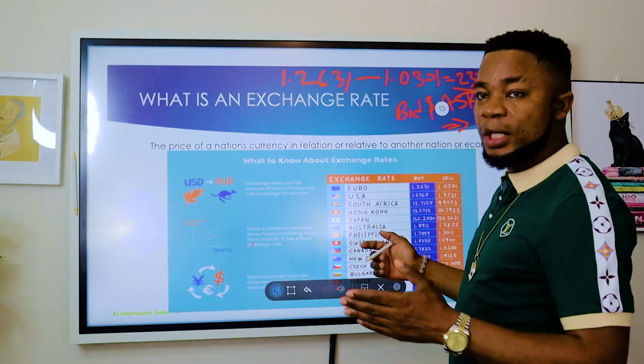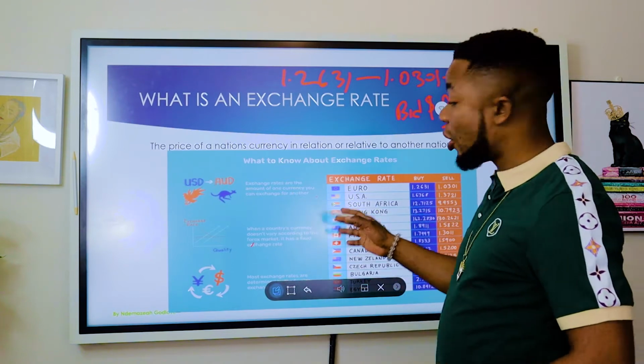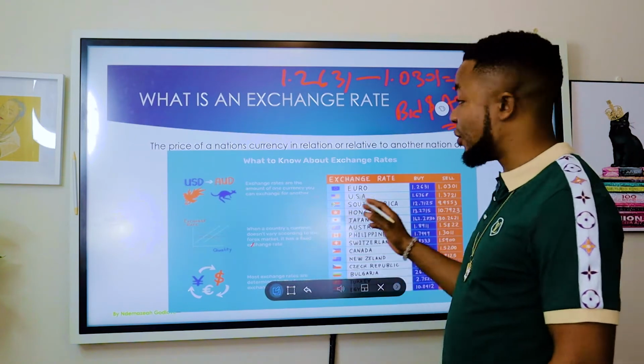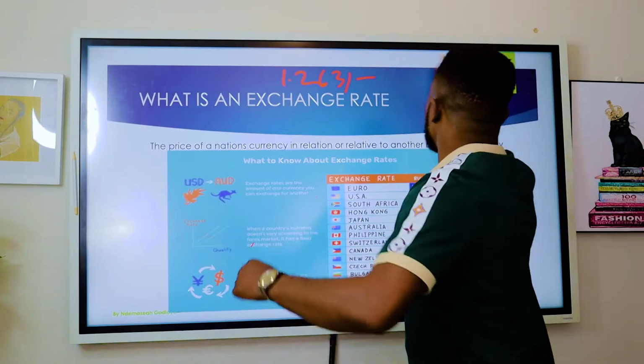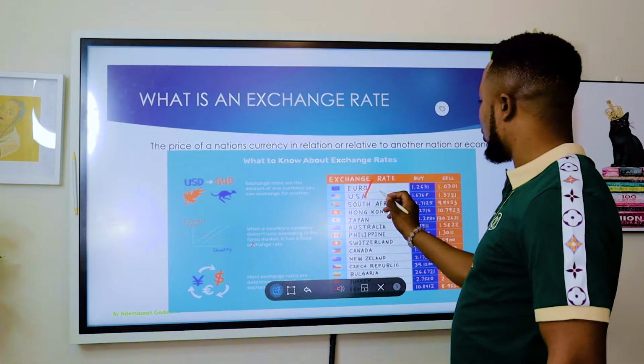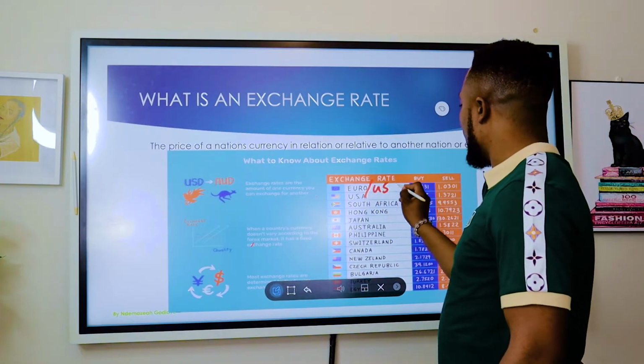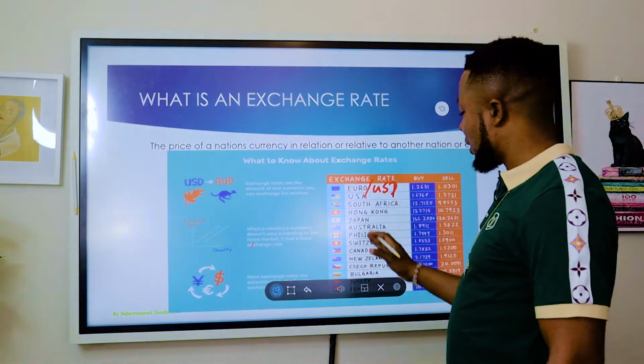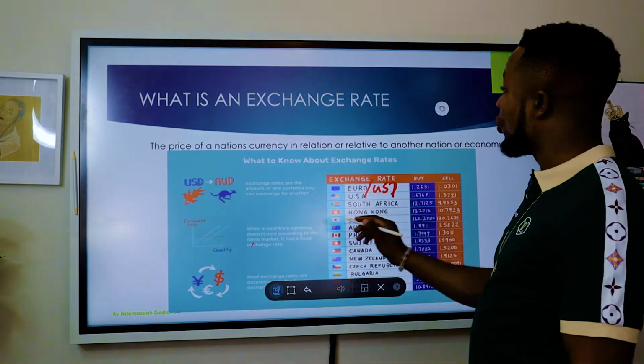Okay. So looking at this board, all these exchange rates are in terms of the United States dollar. So the first one you are seeing here, the euro, you can also know as Euro USD.